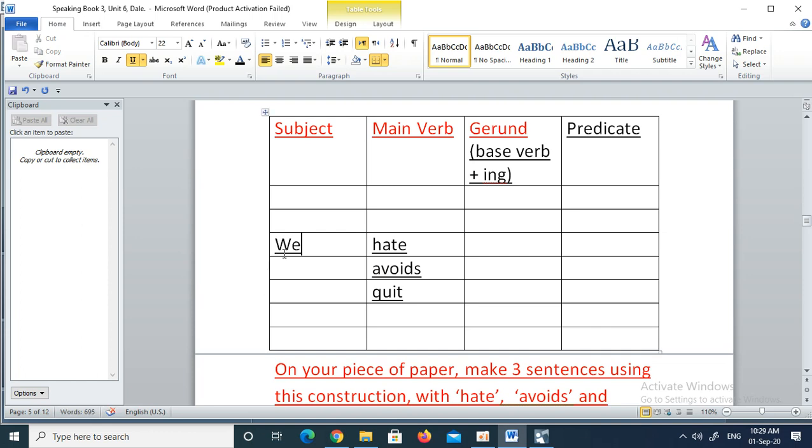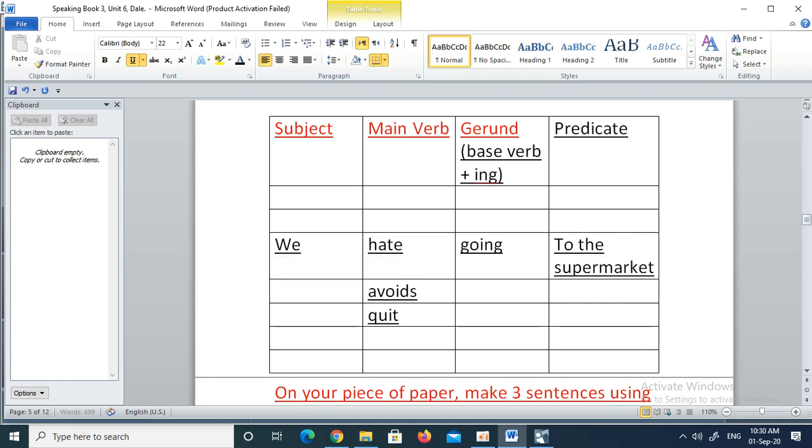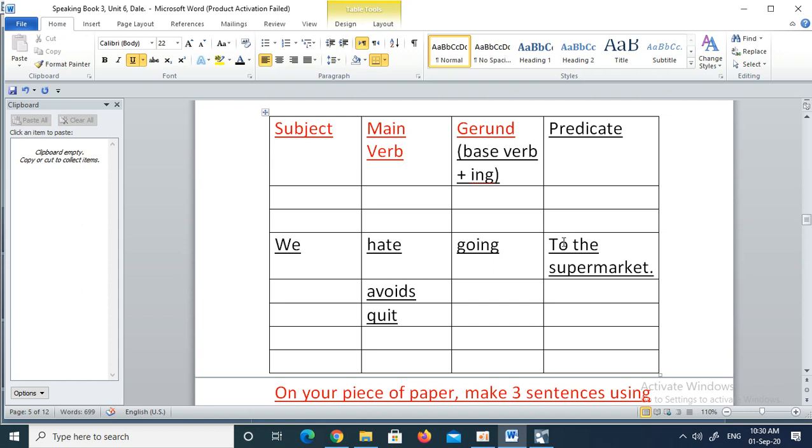You can use any subject here, except he, she, or it, because it doesn't have an S on the end of hate. So if you used he, she, or it, you would need an S. So, we hate going to the supermarket would be a good answer.